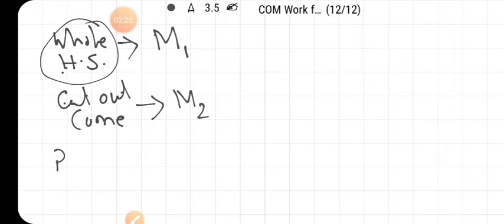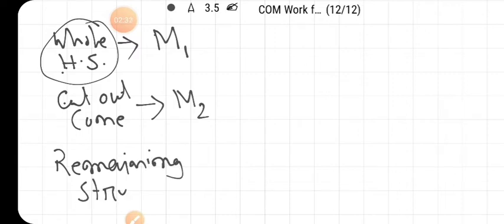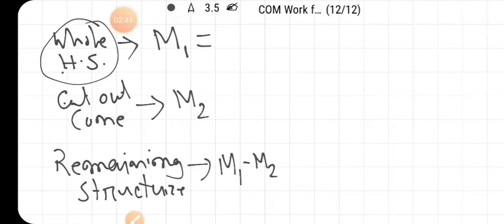So the remaining structure, its mass will be equal to m1 minus m2. So let's calculate m1. What will m1 be? m1 will be equal to, if rho is the mass density, mass per unit volume, then 2 by 3 pi r cube.